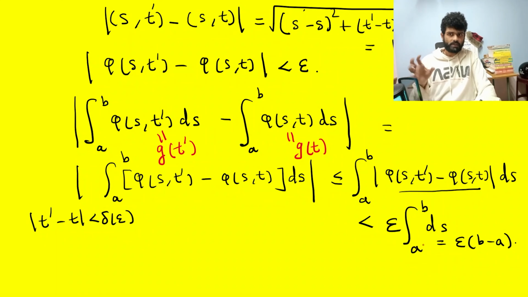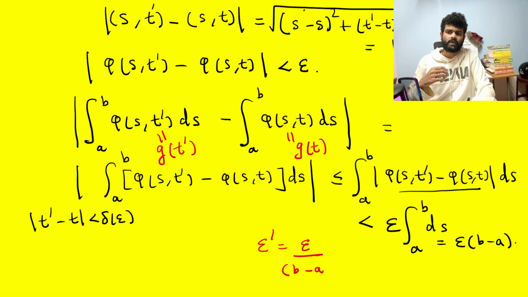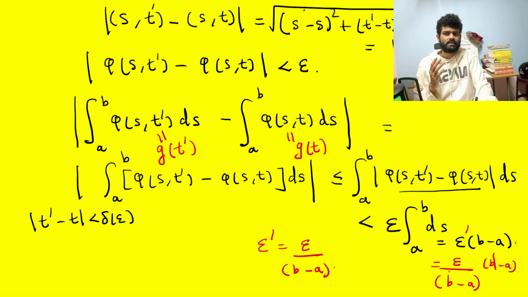So in particular, if I had chosen epsilon' to be epsilon divided by b minus a, then what we'll have here is basically epsilon divided by b minus a, and there's a b minus a here, and they get cancelled. And so the absolute value of g(t') minus g(t) is bounded above by epsilon.